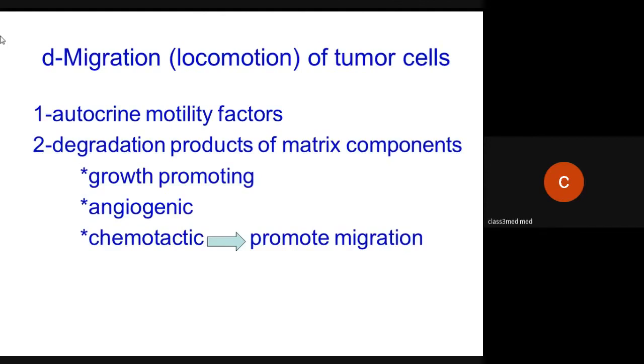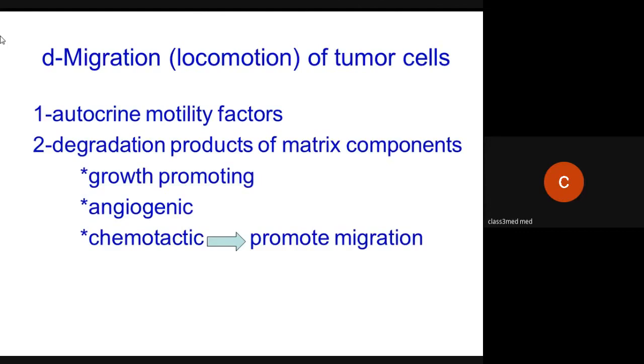What is angiogenic? Angio, we said, means vessel. Angiogenic effect means used for the synthesis of new blood vessels. Useful in angiogenesis, formation of new blood vessels. And they also have a chemotactic effect.